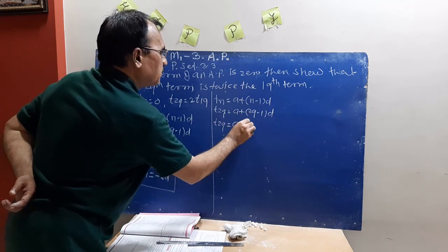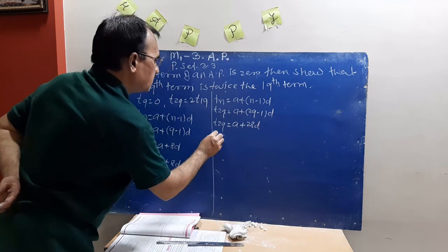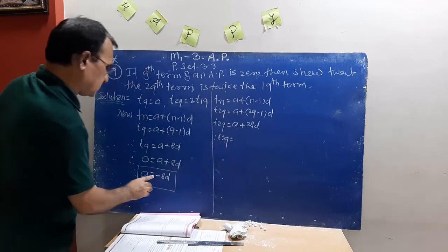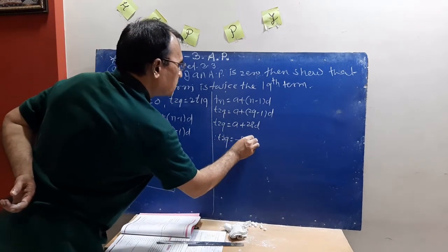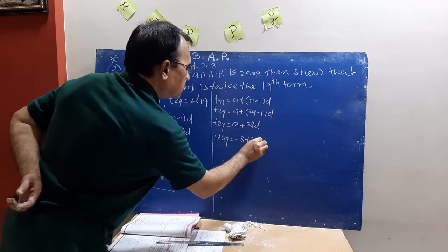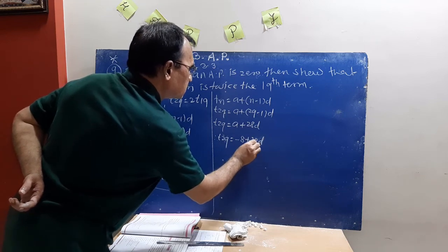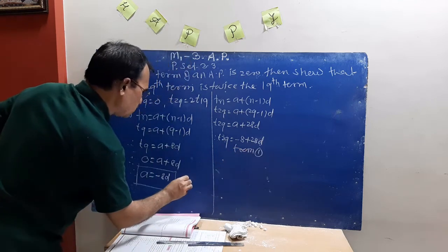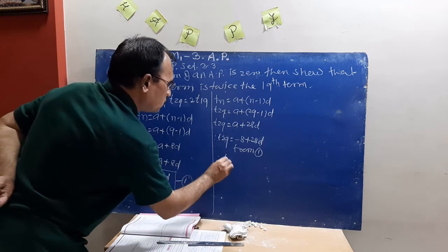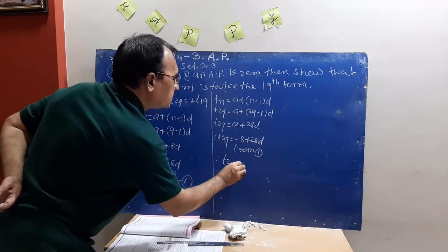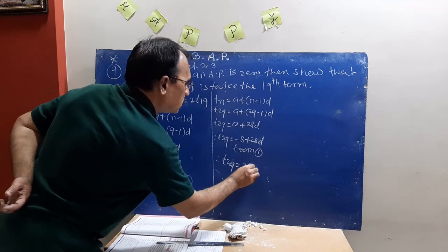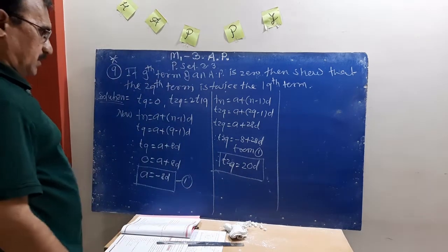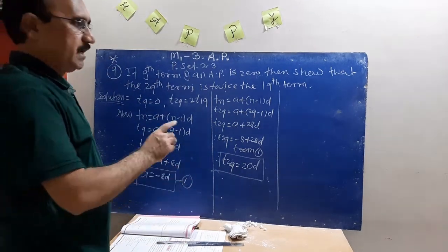T29 is equal to a plus 28d, and therefore T29 is equal to minus 8 plus 28d from 1, suppose this is 1 for our convenience, and therefore T29 is equal to 20d. Then for third, T29 is equal to 20d.